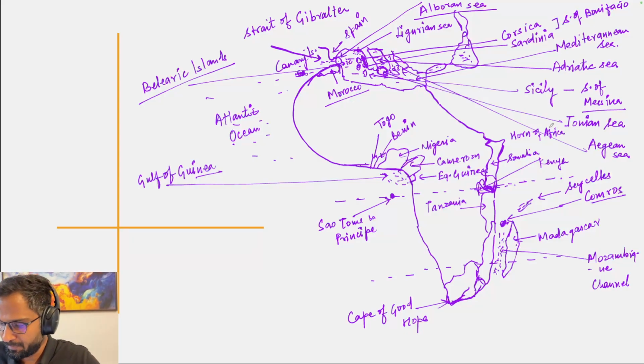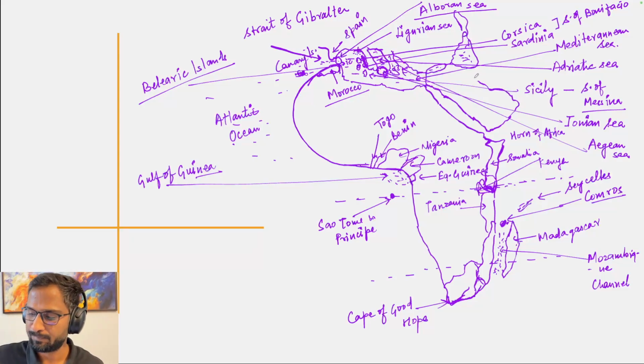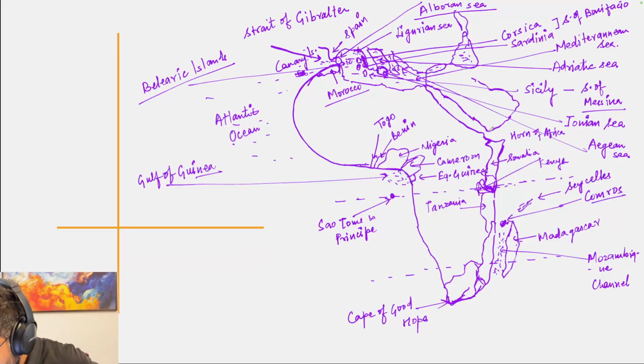Horn of Africa. And over here, if you look, you'll find Red Sea, and this is Arabian Peninsula. And this water body is Red Sea.